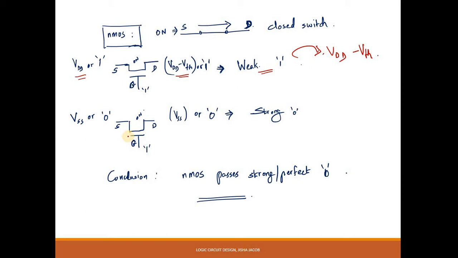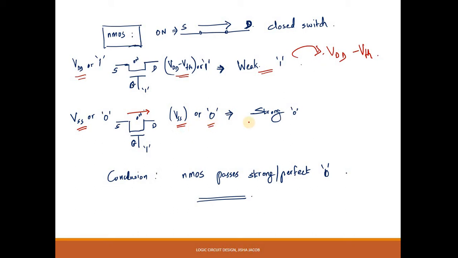In the same way, if you want to pass a logic 0, you are actually passing a negative voltage, which is perfect. The ideal case of logic 0 is the VSS supply, that is the negative supply of the MOSFET. When VSS or 0 is applied at the source end, it is supposed to conduct since it is on, as gate is equal to 1, and you are supposed to get VSS at the drain end. In case of NMOS, you actually get the complete VSS at the drain end.